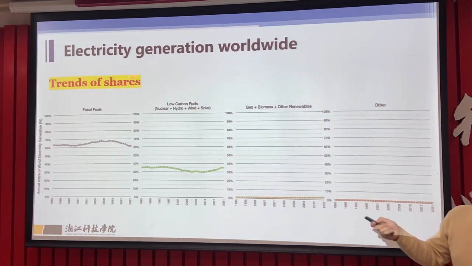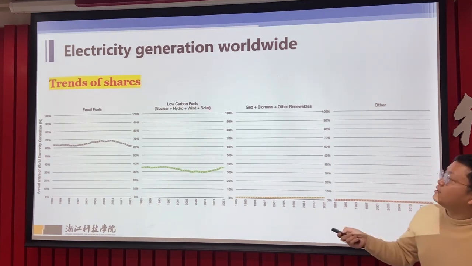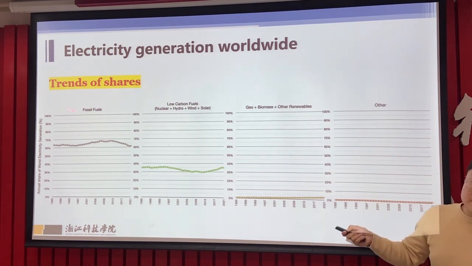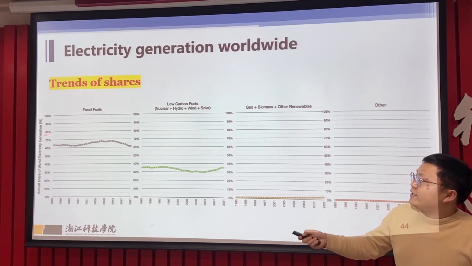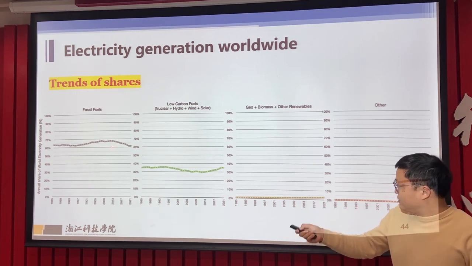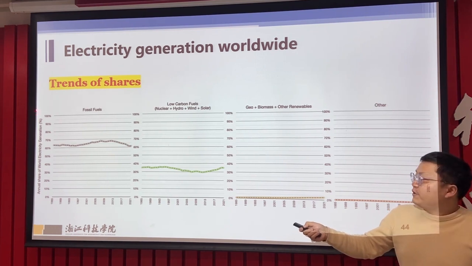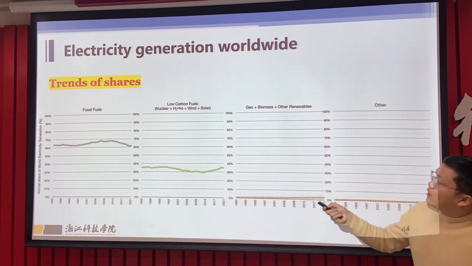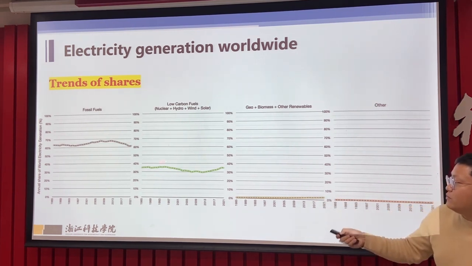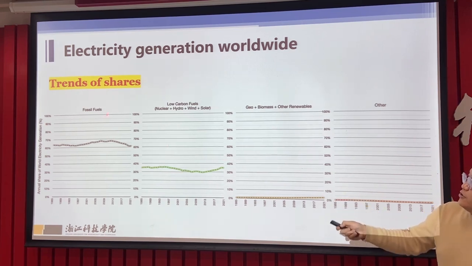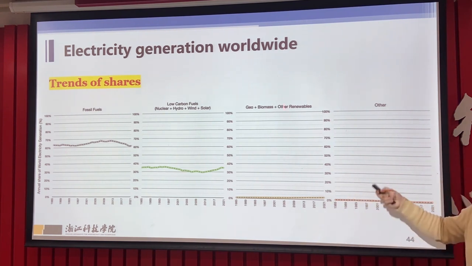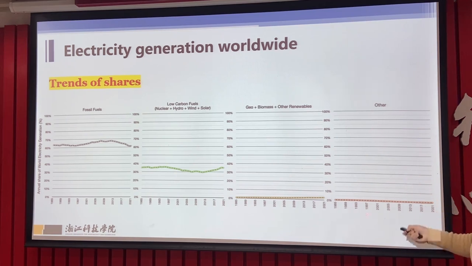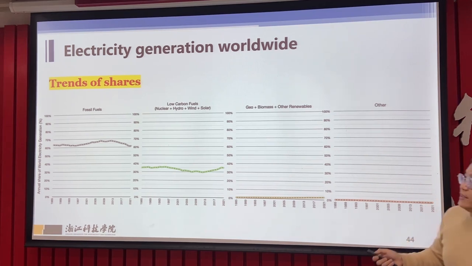We can see the trends of the shares of electricity generation worldwide. For fossil fuels, it's a little bit steady in the past 30 or 40 years. For low carbon fuels, the share is also quite steady, and for geothermal, it's steady, and for others, it's less than 1%.